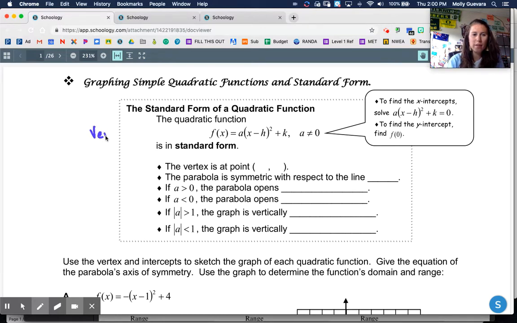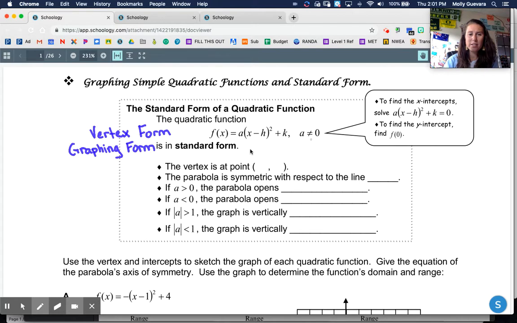Sometimes in Algebra 2 you might have heard it called vertex form, or even graphing form. Okay, all of the above. It's just a special form where we can easily find the vertex, the axis of symmetry, the x-intercepts, the y-intercepts, and things like that.